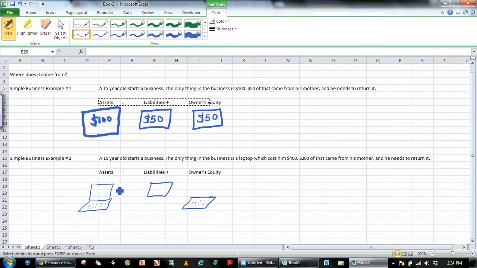So we take everything of value, and we need to know whether that thing of value belongs to us as the business or it belongs to someone else. And based on that, we come up with this equation of assets equals liabilities plus owner's equity.